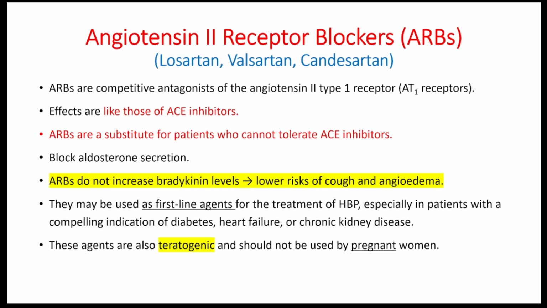Okay, we're done with the ACE inhibitors. We discussed the medication list, how this medication works, major side effects, and compelling indications. Moving to the next group of medications used for hypertension, angiotensin 2 receptor blockers, ARBs. We have losartan, valsartan, candesartan.